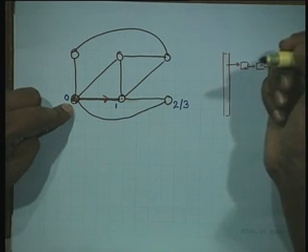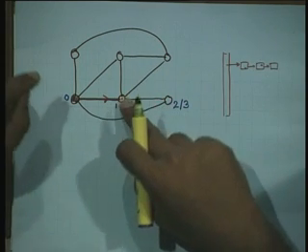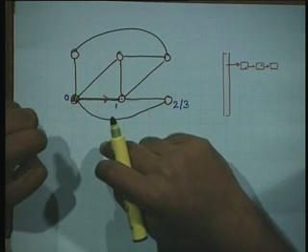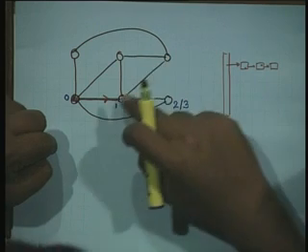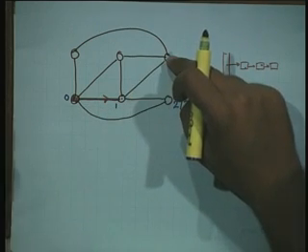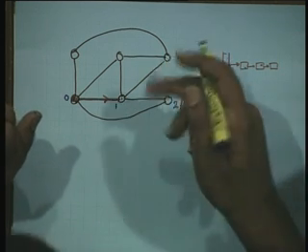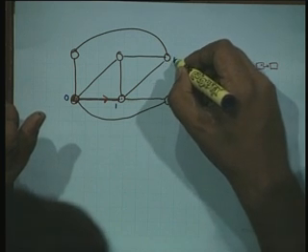Now, can I backtrack out of this vertex? No, because there are other adjacent vertices which I have not explored. So, let us say this is the next one I go to, why not? I take this one and I reach this vertex at time 4.